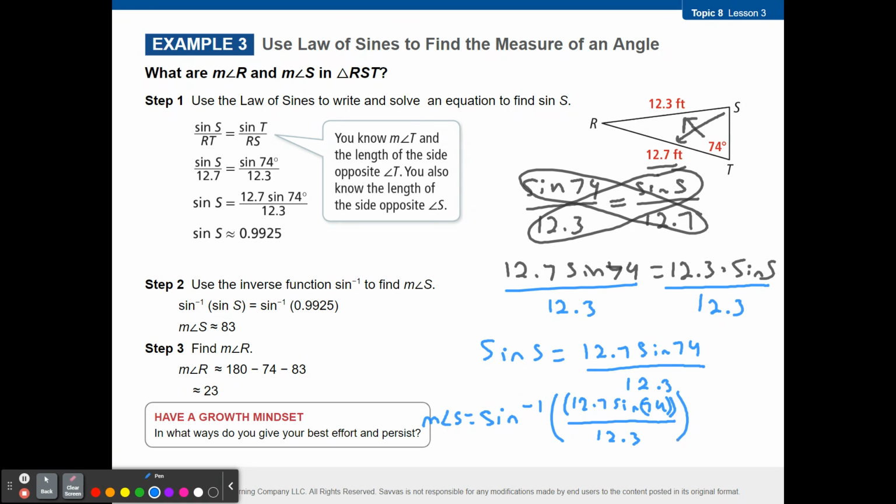Or put this in your calculator, get that decimal equivalent, and then you can click the sine inverse, hit your second button, and then hit the negative button.